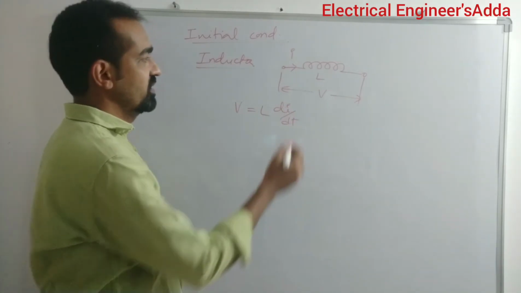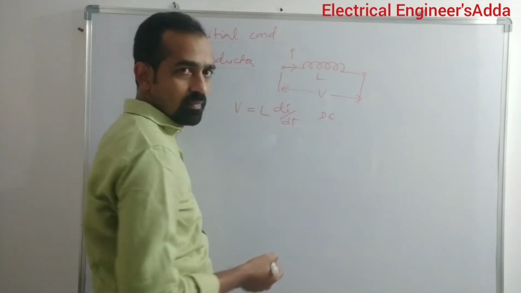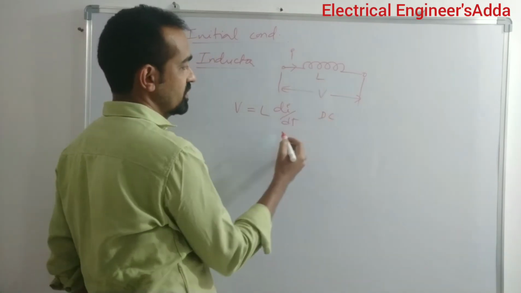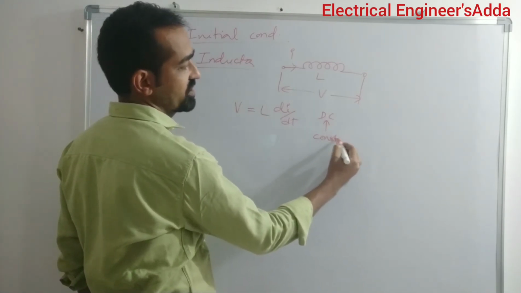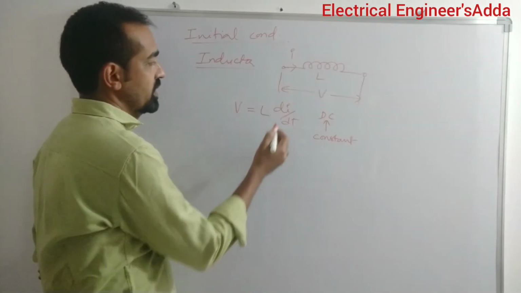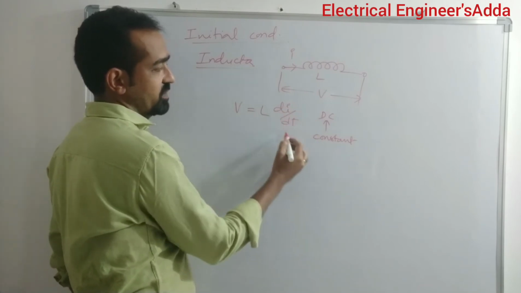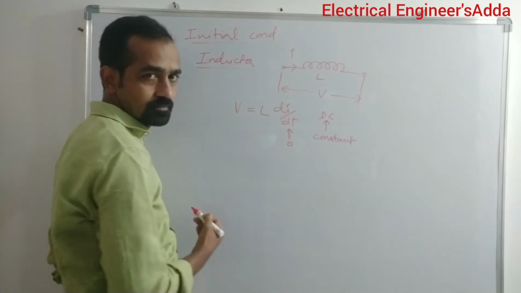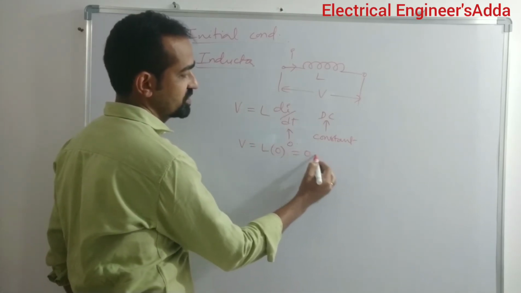Okay, here if this voltage and current are DC, so here DC means constant values. Okay, here the differentiation of a constant becomes 0. So V is equal to L into 0, that becomes 0.